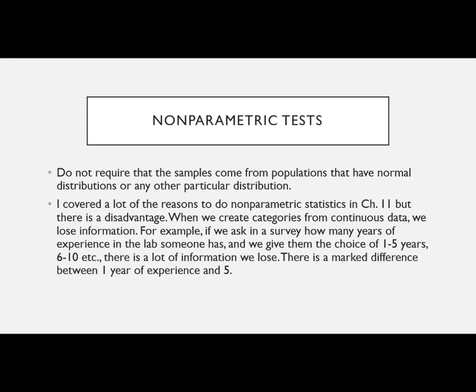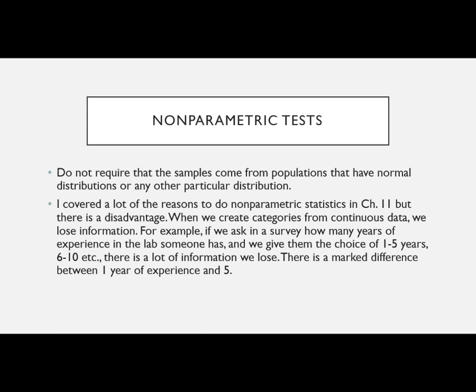I covered a lot of the reasons that we do nonparametric statistics in Chapter 11, but there is a disadvantage that I want to make sure that you understand. When we create categories from continuous data, we lose information. For example, if we ask in a survey how many years of experience in the lab somebody has, and we give them a choice of 1 to 5 years, 6 to 10 years, we lose a lot of information.